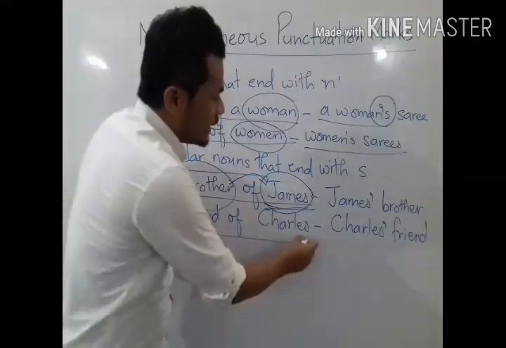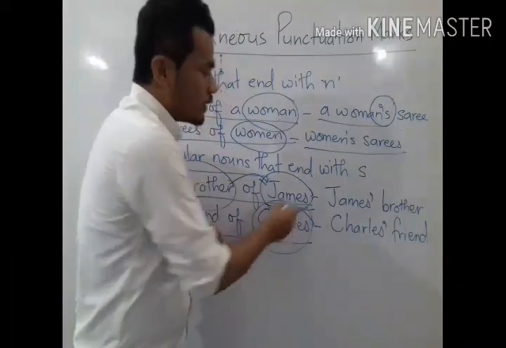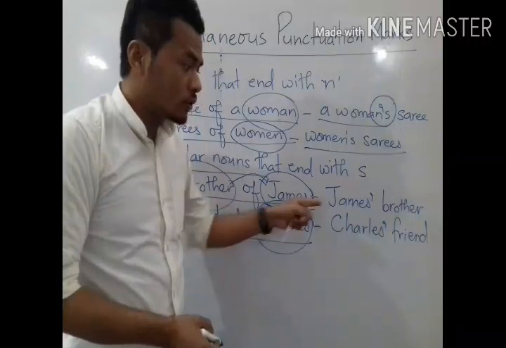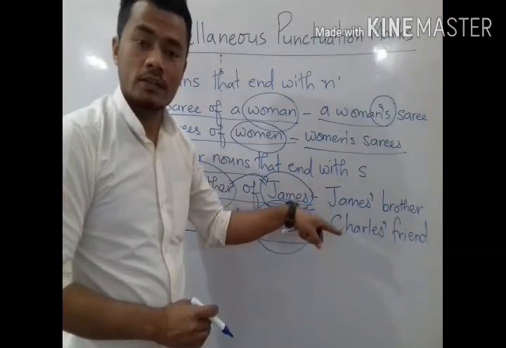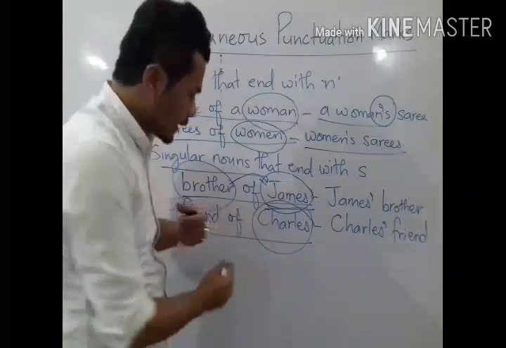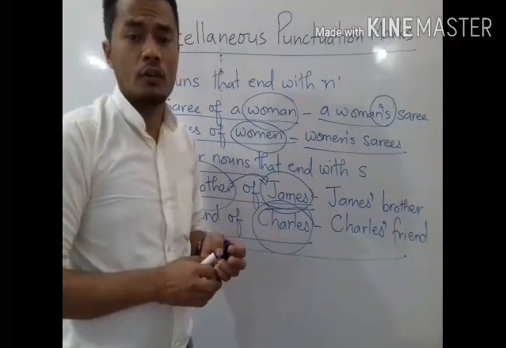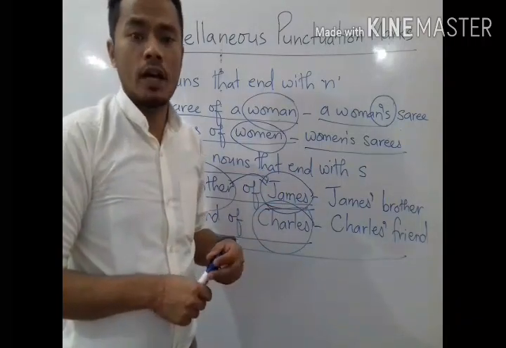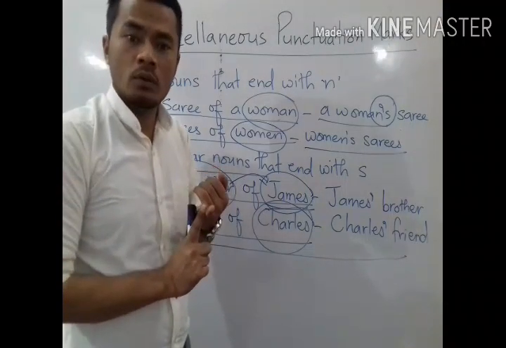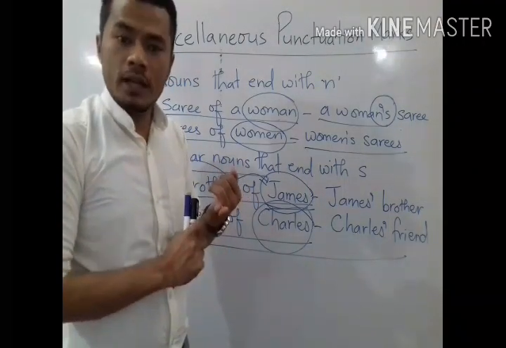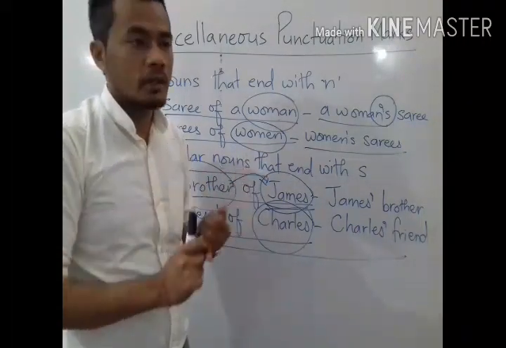In the same case, friend of Charles. Here Charles is also the noun of which we have to show the possession. Charles also ends with s, so here also we have to use an apostrophe just after the noun Charles. So whenever we are using an apostrophe to show the possession of nouns, the basic concept is: with singular nouns we use apostrophe s, with plural nouns we use just an apostrophe after the complete plural name.